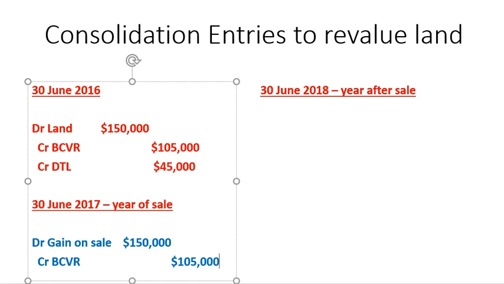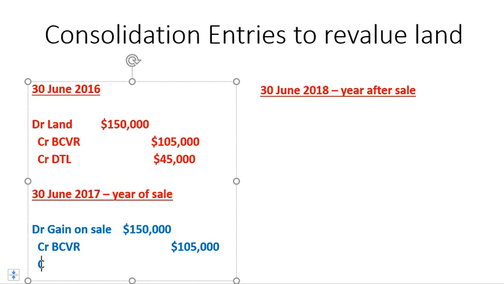All right, for the same reason, the owners are still entitled to that $105,000 increase in the value. And then we're going to credit income tax expense by $45,000 because that tax expense is no longer to be deferred to the future. We've sold the land now, so we have to pay the tax now.